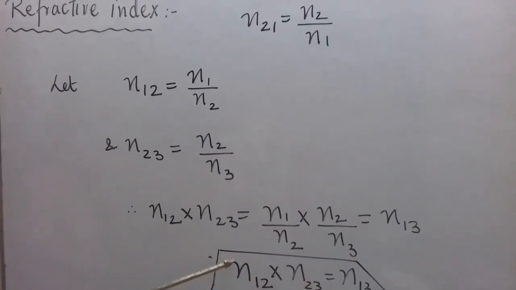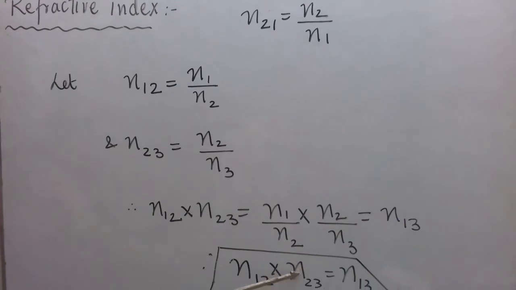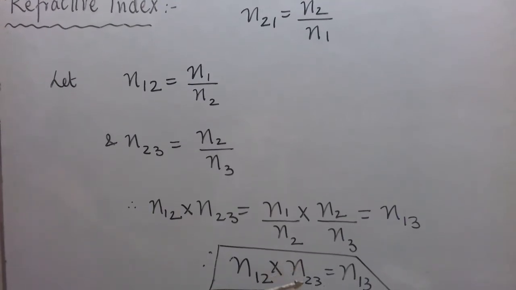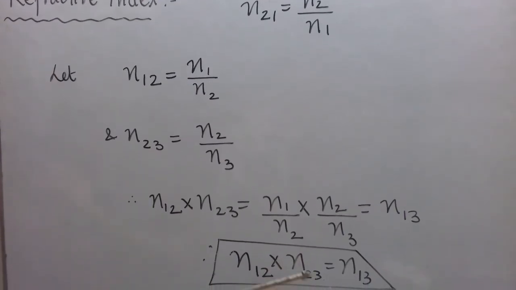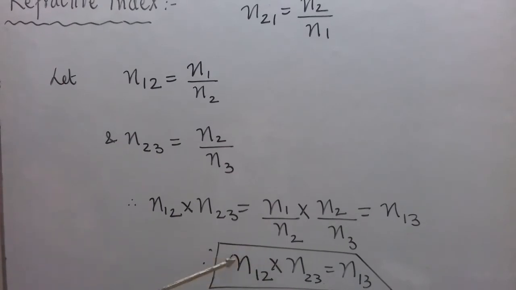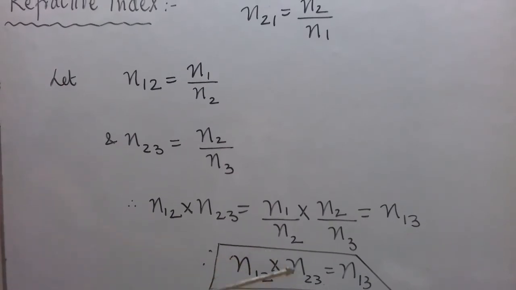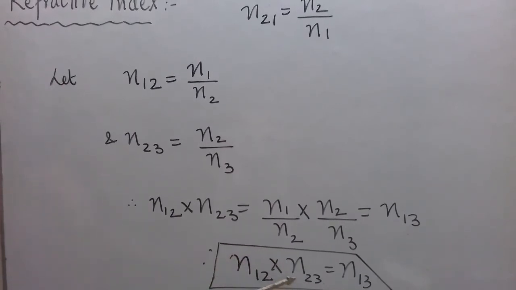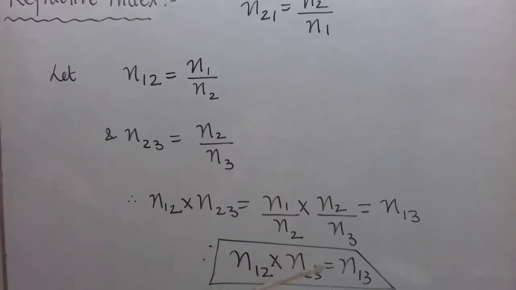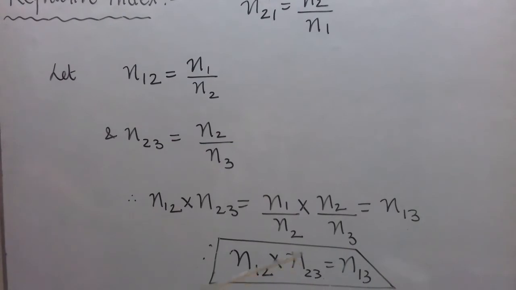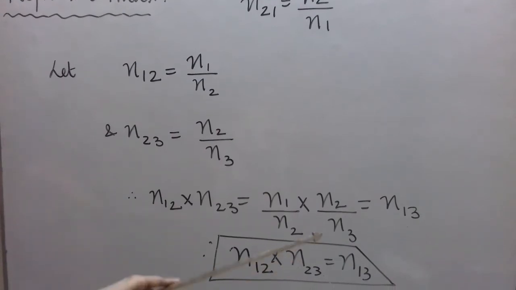Let me repeat it. N12 is the refractive index of medium 1 with respect to medium 2. N23 is the refractive index of medium 2 with respect to medium 3. When we multiply these two, N12 into N23, we can omit this 2 and write this is equal to N13, which is the refractive index of medium 1 with respect to medium 3.